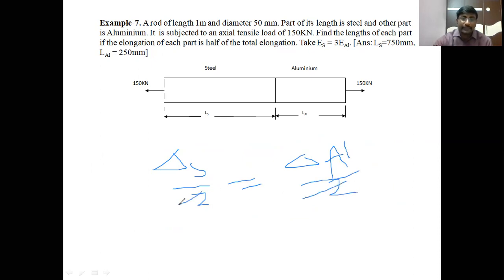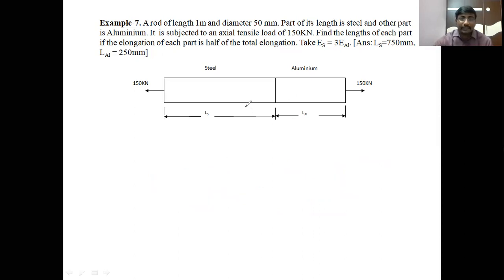So cancelling, delta S is equal to delta AL. That is, the elongation of each part is the same. Delta S formula: P LS, length of the steel, divided by area of the steel. Area of the steel and area of the aluminum is the same. P LS divided by A into ES.